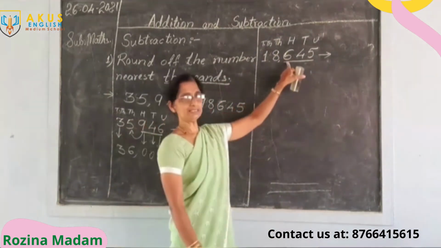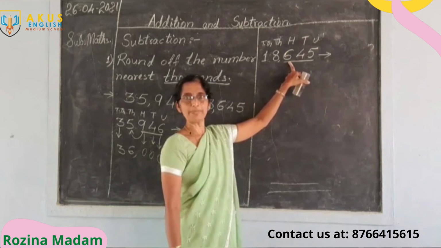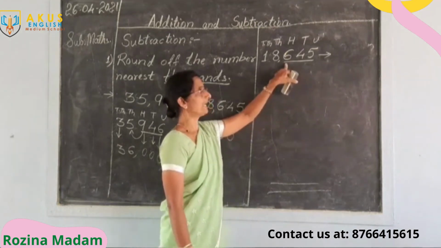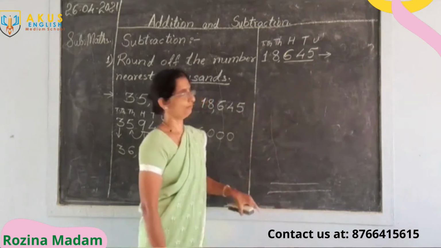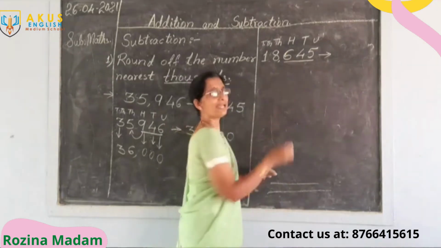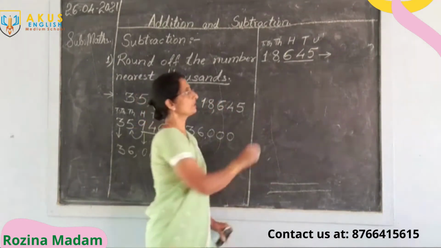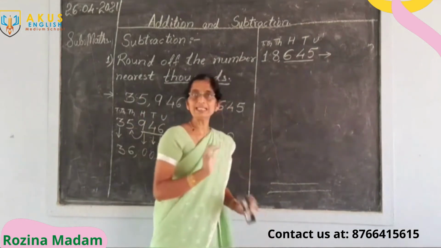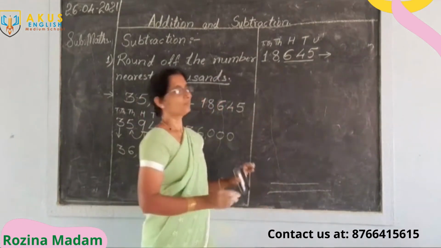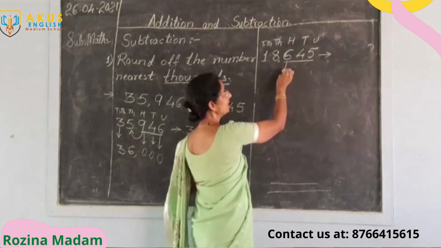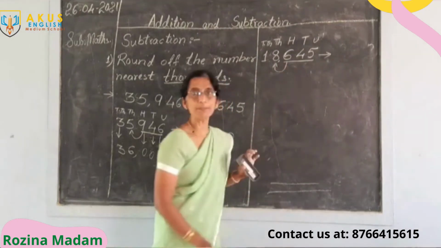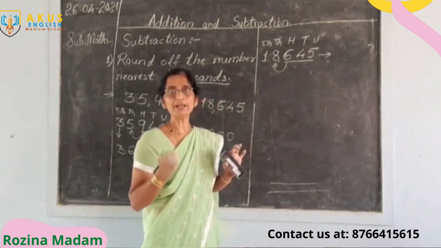Now see the numbers, read the numbers, underline the numbers. 645. So is 645 smaller or bigger than 500? 645 is bigger than 500. So now the number on the 1000 place value is increased by 1.